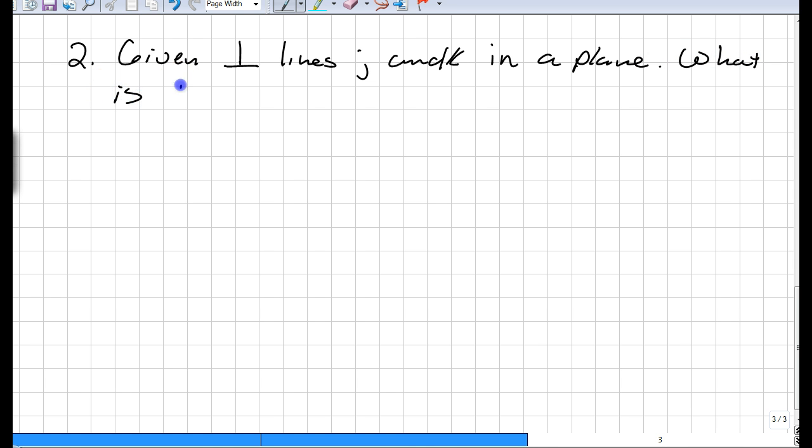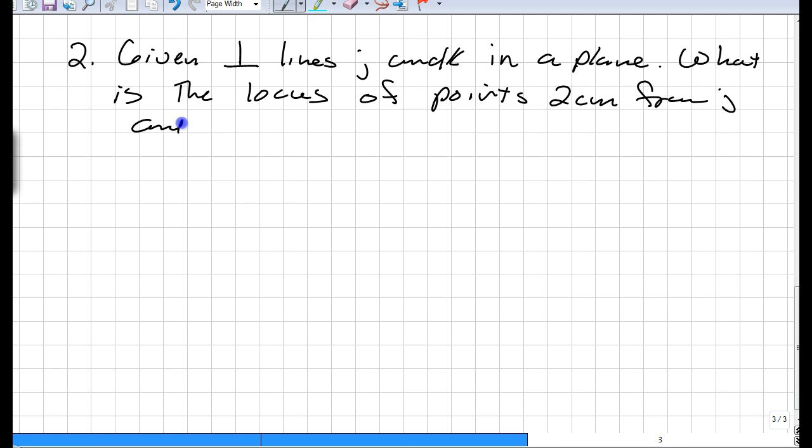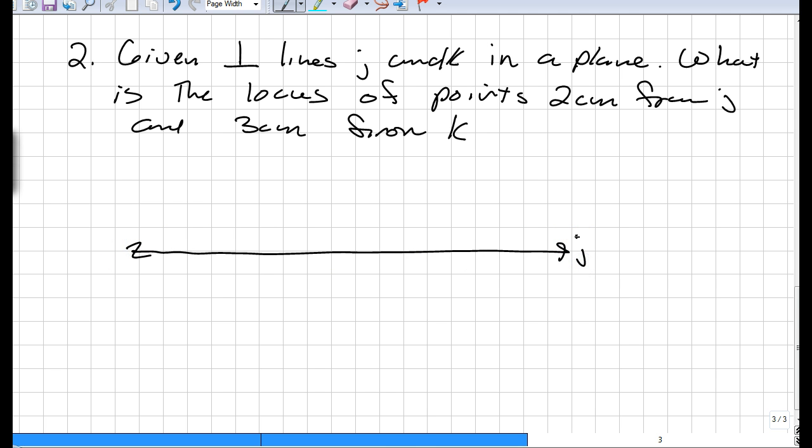What is the locus of points 2 centimeters from J and 3 centimeters from K? All right, so first of all, in this case, we know how J and K are related to each other and that they're perpendicular to each other.